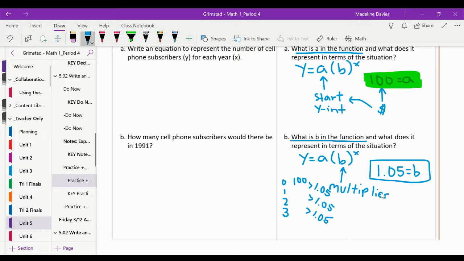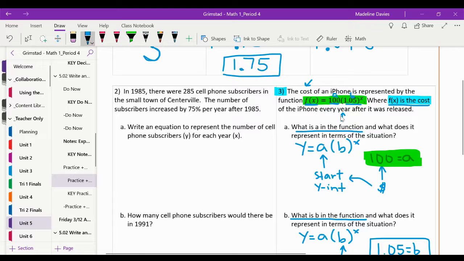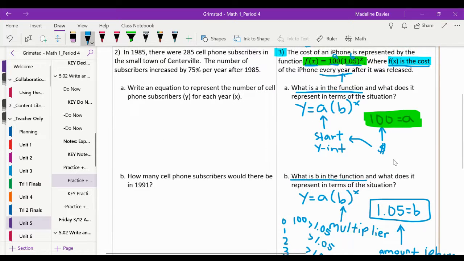So this 1.05 actually represents the amount the iPhone increases every year after it was released.